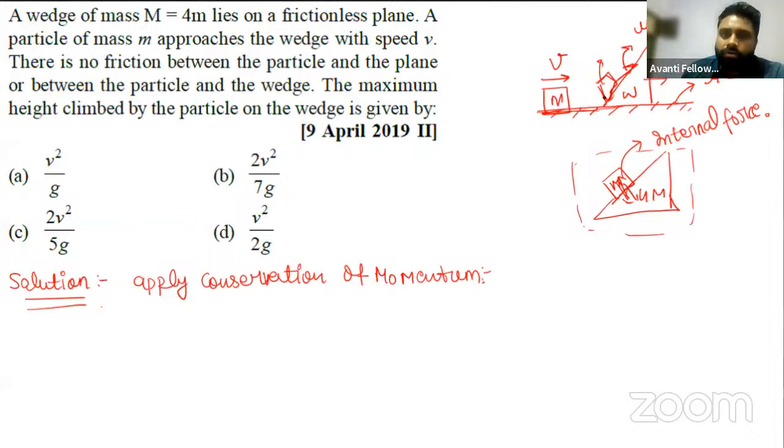Initially, the momentum in this system is only from this small m particle moving with a velocity v. We write P initial of the system equals P final. Initially the particle approaches the wedge, and the wedge is at rest. Only this point mass m is moving. So you will have mass into velocity plus 0 for the wedge.